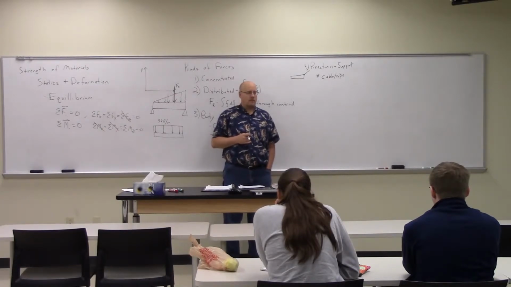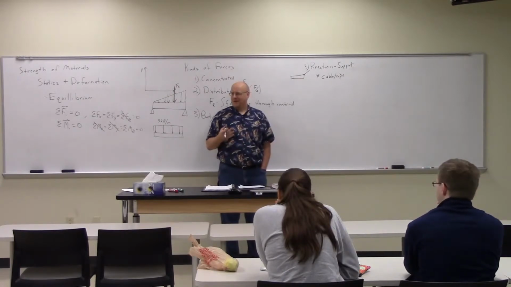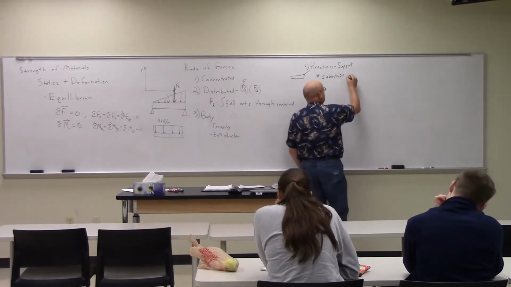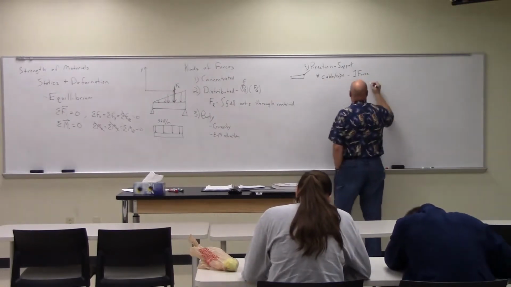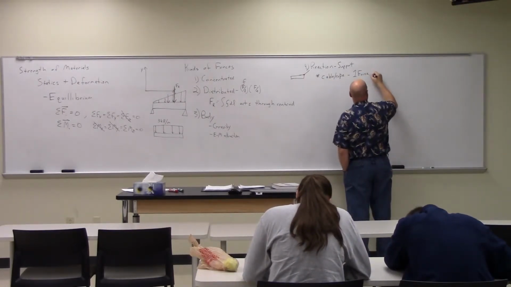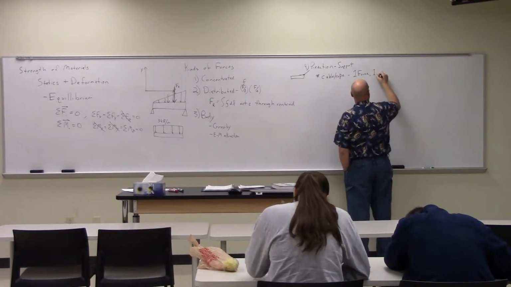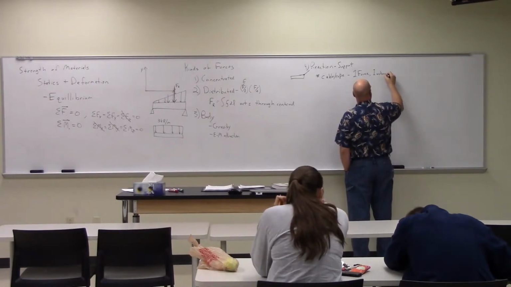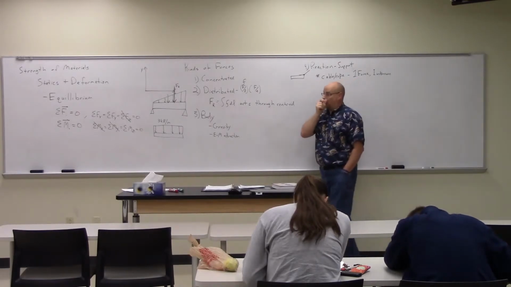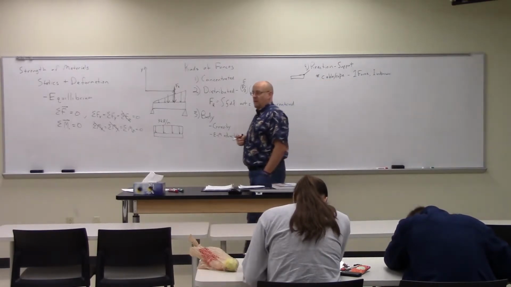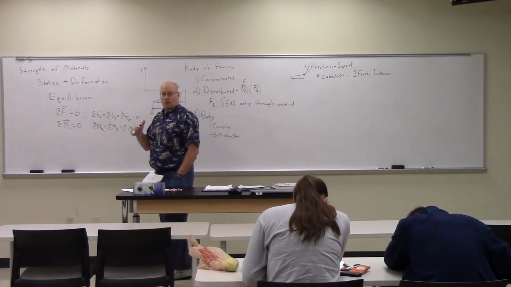One. Okay, I'll give you credit because you had the one up first. Yes, it generates one force, and there's really only one unknown, because the direction of the force is already defined by the cable itself. A cable can only support a force along its length.